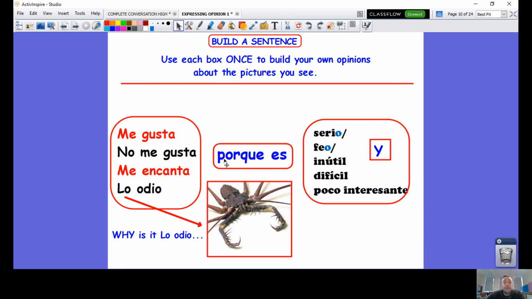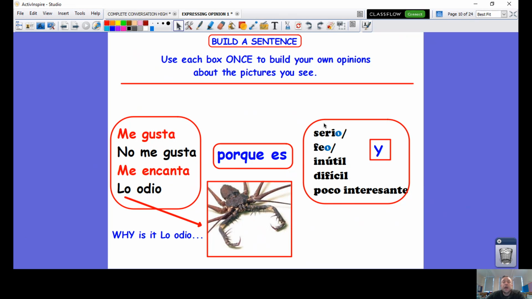We have our connector, porque es, and then here I have some negative adjectives. Now, this picture here is pretty creepy. So I would have to start my sentence with lo odio. I absolutely hate that. Porque es, because it is. And here, I don't just want to use one adjective. I want to use quite a few. So I could say feo, it's ugly.